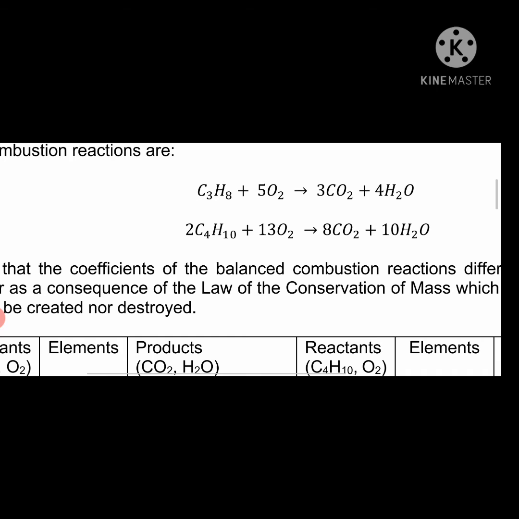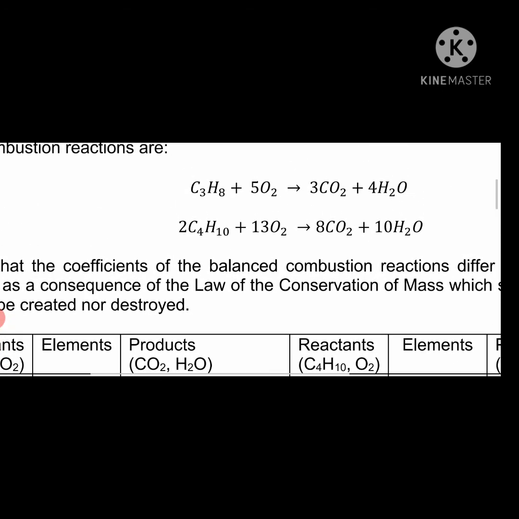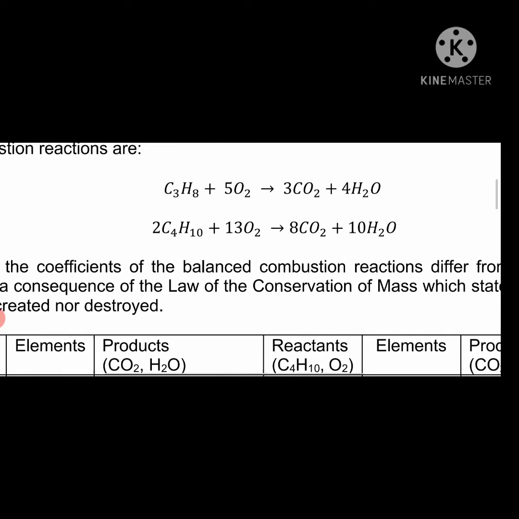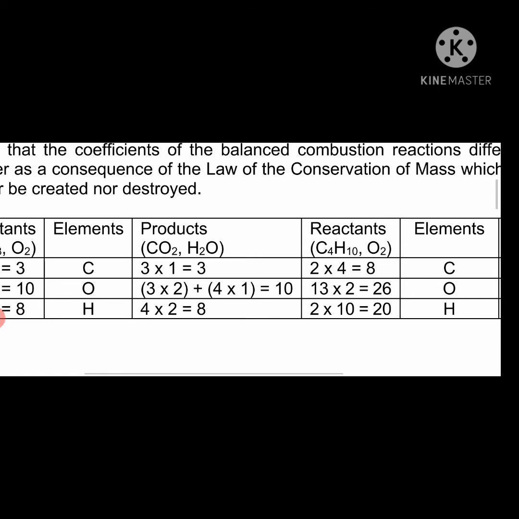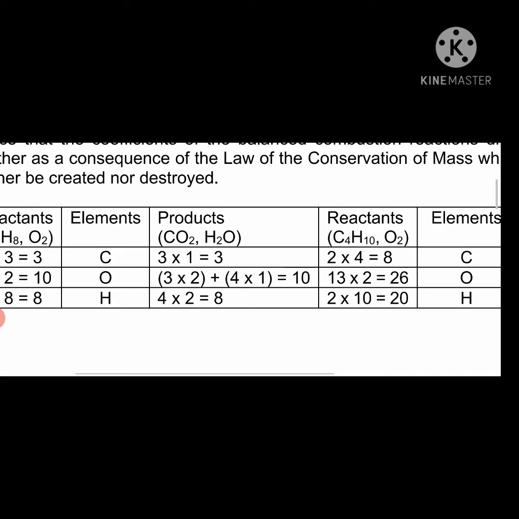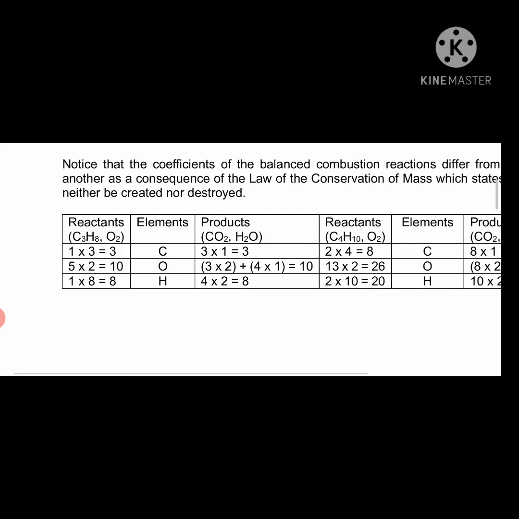Your oxygen is 3 times 2 from the 3 CO2, plus 4 times 1 from the water. And for hydrogen, you have 4 times 2. So carbon is 3 on both sides, oxygen is 10 on both sides, and hydrogen is 8 on both sides.